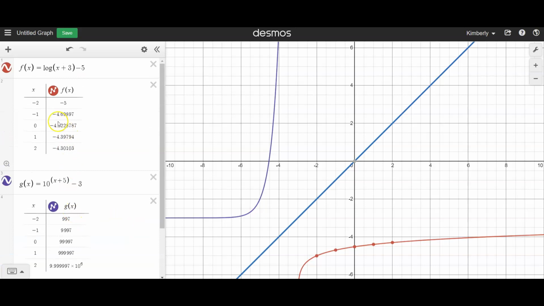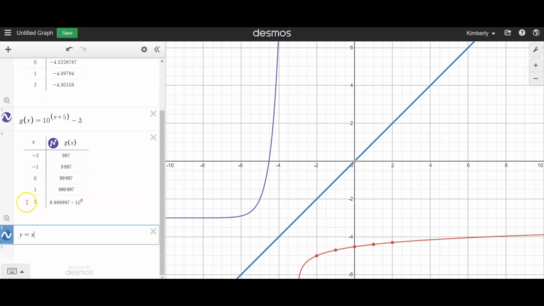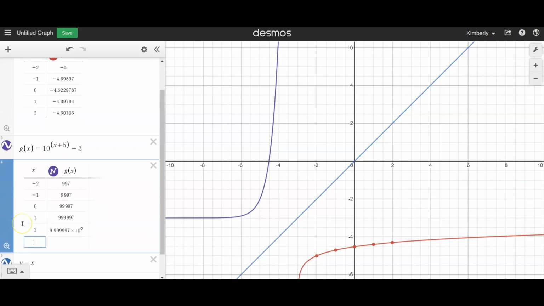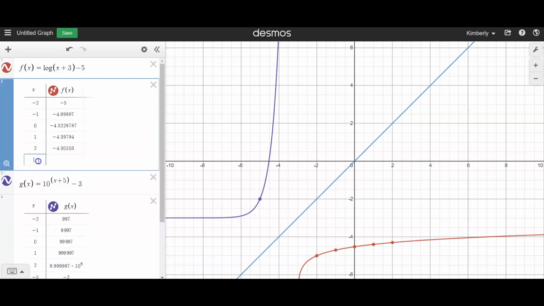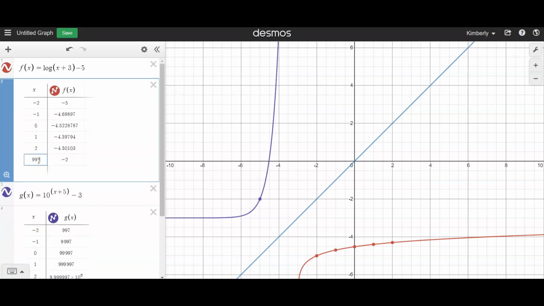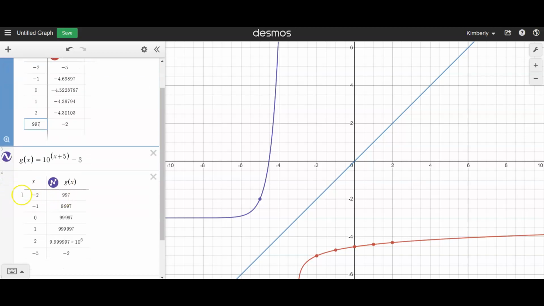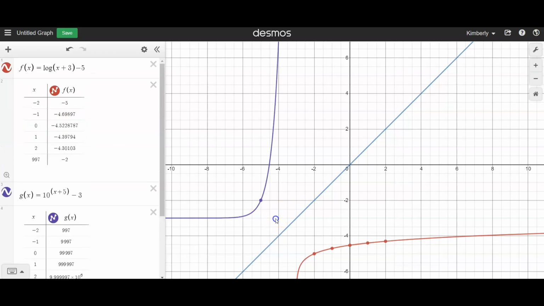Now, up here we had -5, -2, -5 for the log. So if I switch that and make my x be -5, notice it switches the x and y's right there. Or same thing up here, if I put in 997, it's -2 for the x.